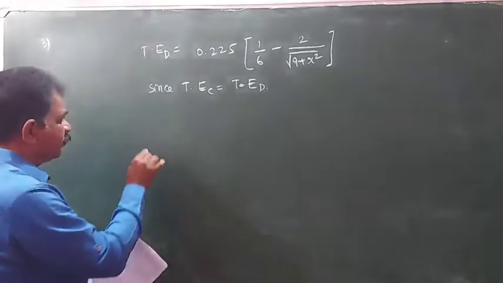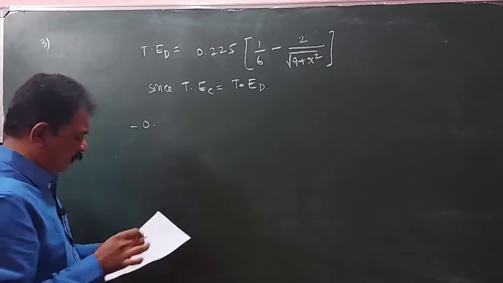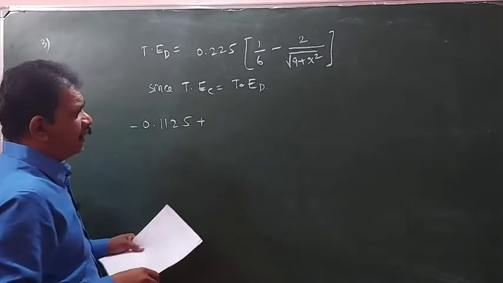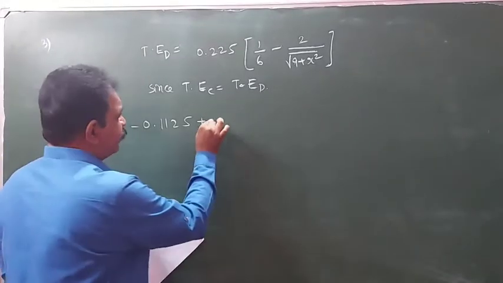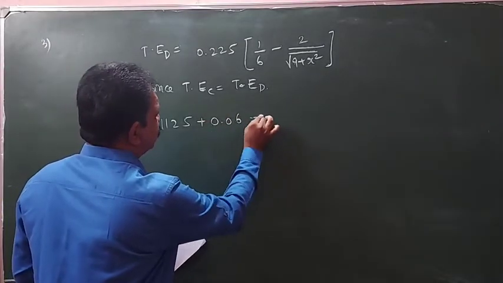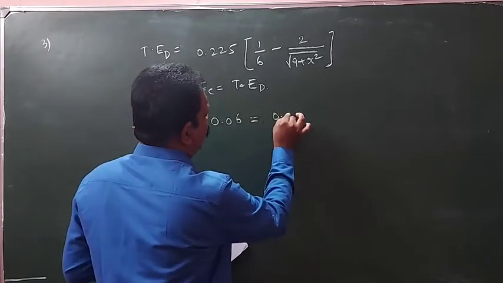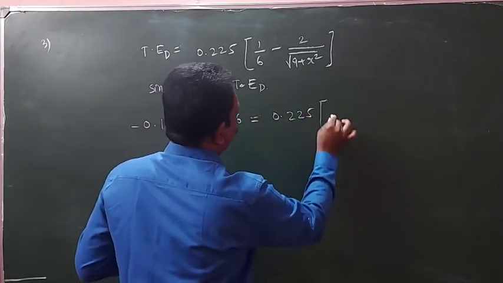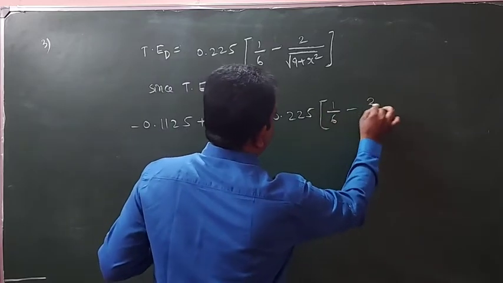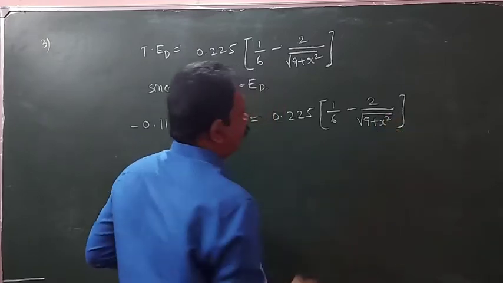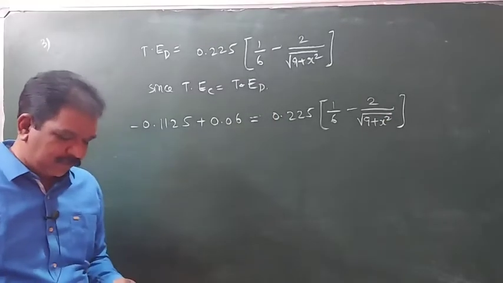Minus 0.1125, and kinetic energy value is 0.06. Total energy at D value 0.225 into 1 by 6 minus 2 by square root of 9 plus x square.